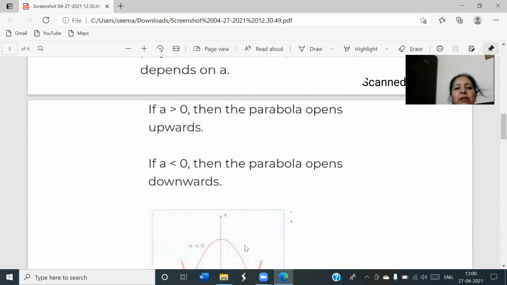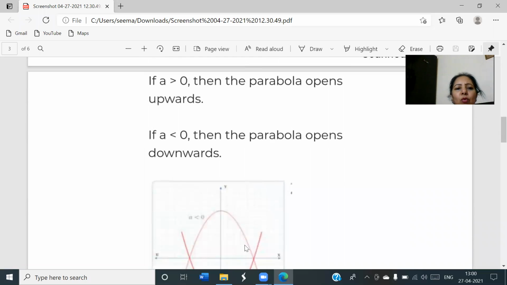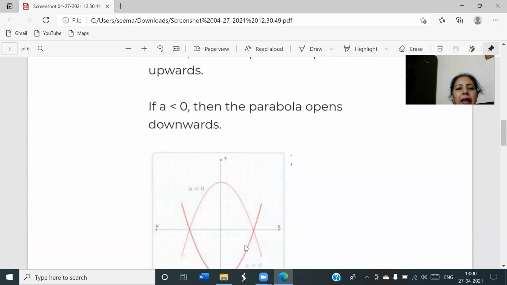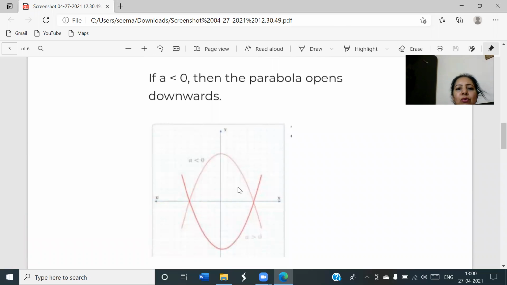If a is greater than 0, then the parabola opens upward, and if a is less than 0, then the parabola opens downward. This is one kind of parabola, and this is the other kind. This one opens upward, this one opens downward.